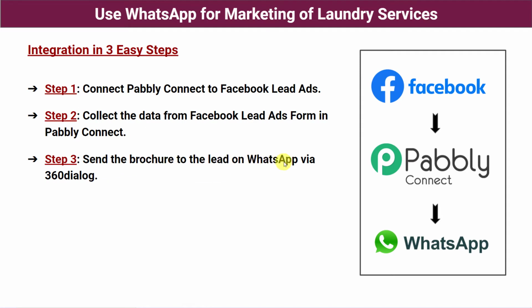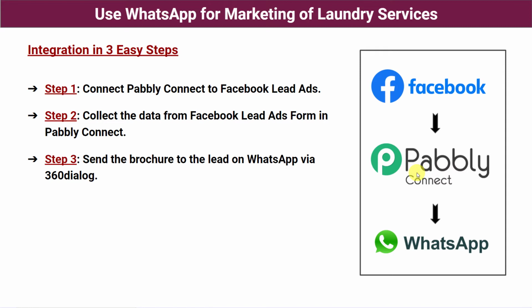Send the brochure to the leads on WhatsApp via 360 Dialog. At step 3, whatever data Pabbly Connect has captured from the Facebook lead ads form, the same data will be used and your laundry service brochure will be sent on the WhatsApp number of the customers. And here we are going to use the 360 Dialog software application for sending the messages on WhatsApp. In this way, we are going to create an integration between Facebook and WhatsApp using Pabbly Connect.